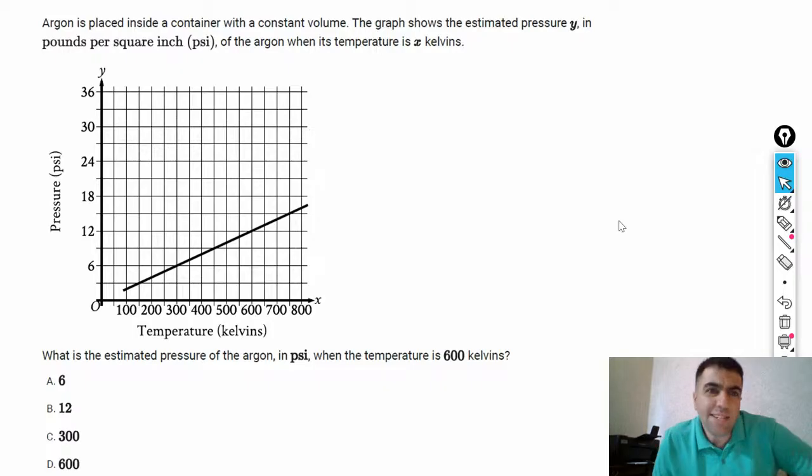Argon is placed inside a container with a constant volume. The graph shows the estimated pressure y in pounds per square inch of the argon when its temperature is x kelvins.